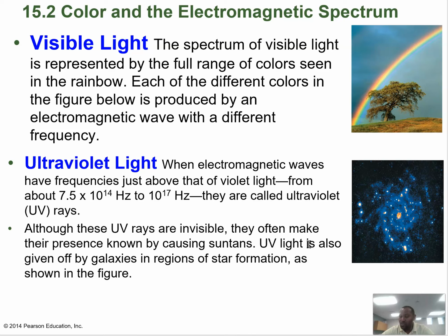Although these UV rays are invisible, they often make their presence known by causing sunburn. UV light is also given off by galaxies in regions of star formation, as shown on the right figure. Sometimes you go to the beach and you feel burned, sunburned. That is because of UV light.